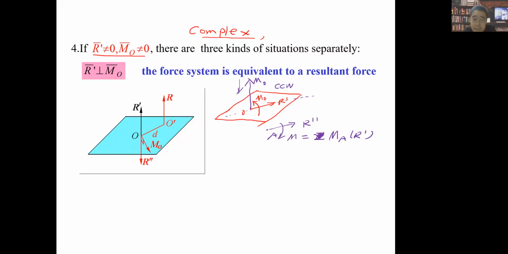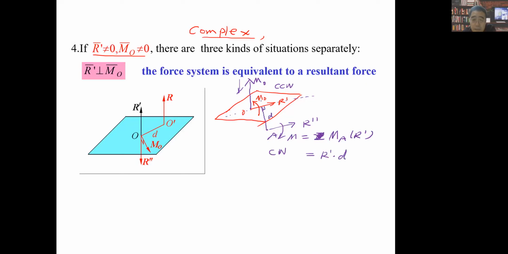That means the moment of this R prime to this A. If I draw an aided line perpendicular to the action line of R prime, that's D. Actually, this added couple M should equal the magnitude of R prime times its distance D. So this is the CW direction, which is clockwise.